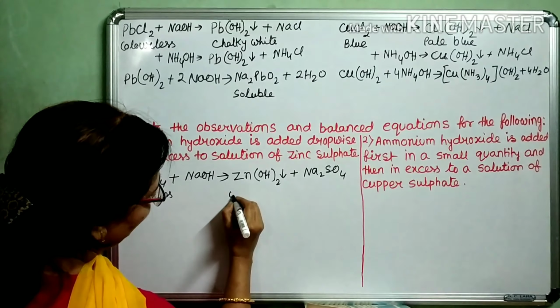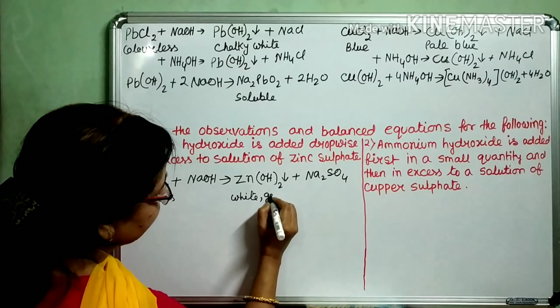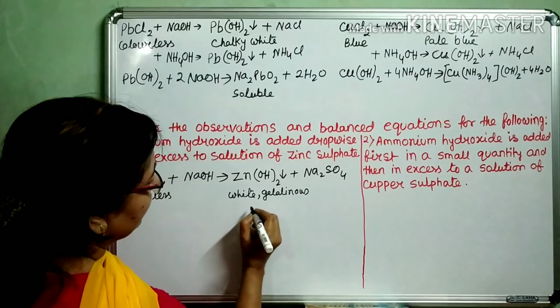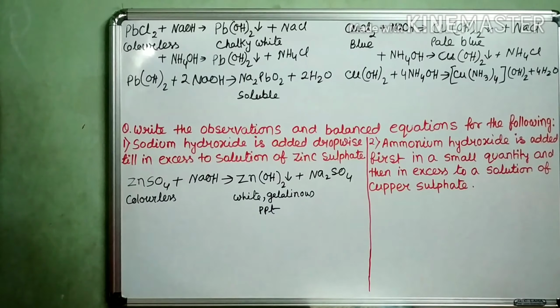And it is white, gelatinous. This means a semi-solid precipitate is formed.